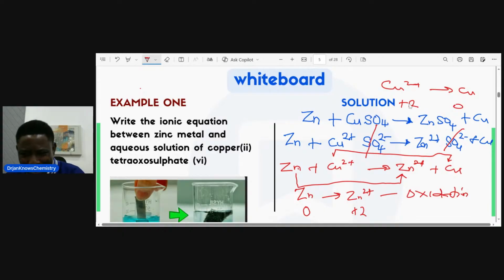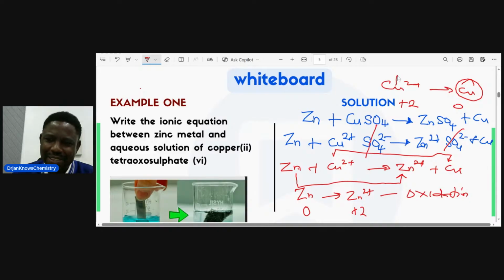I've told you that whenever you have an element in uncombined form, there is no charge, so the oxidation state is 0. It has reduced. That means Cu2+ has undergone reduction. The oxidation state has reduced, so that is reduction. So zinc is oxidized, copper is reduced.